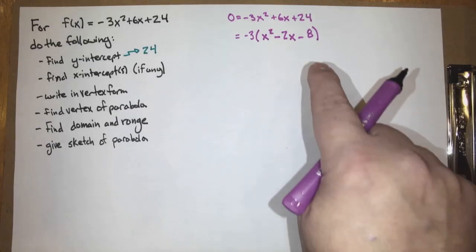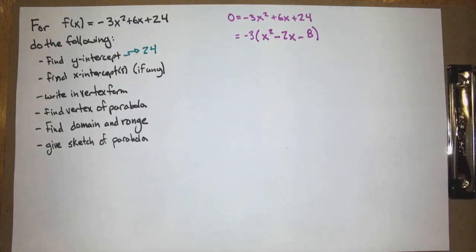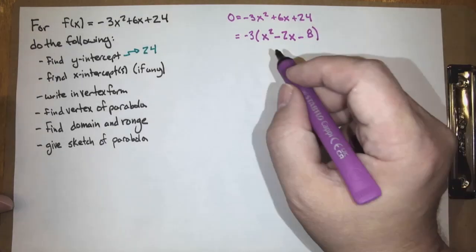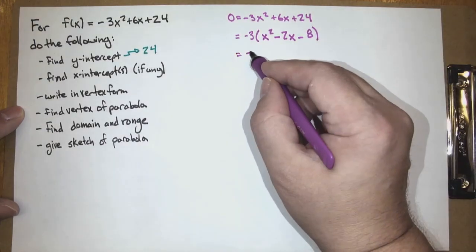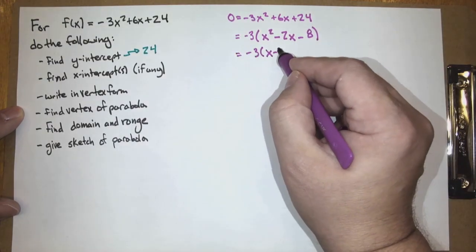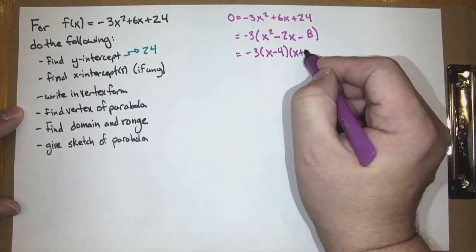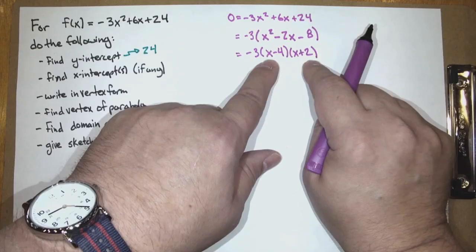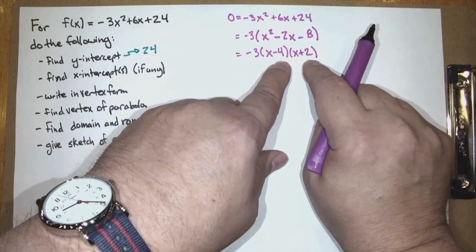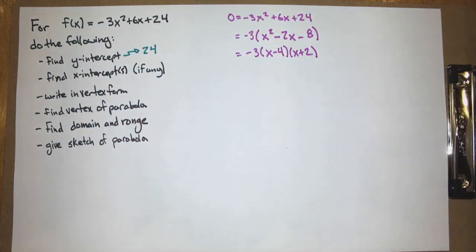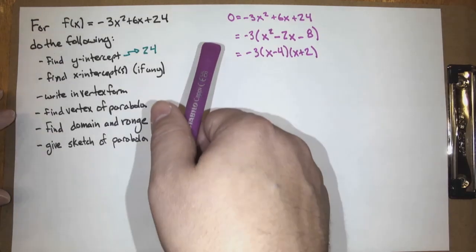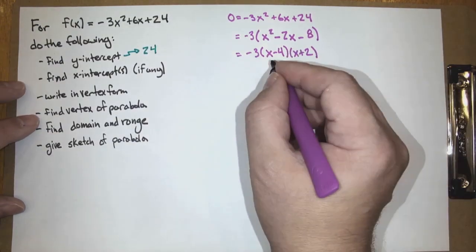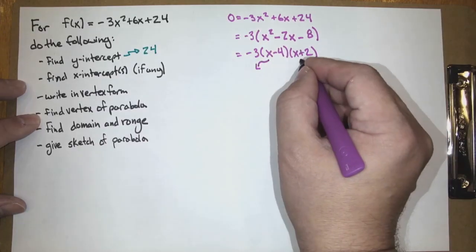We need two things that would multiply together to give us negative 8, but would add together to give us negative 2. So someone has suggested negative 4 and positive 2. Let's see if that works. x squared, good. 2x minus 4x is minus 2x. And minus 4 times 2 is negative 8. All right, so good. And we use our fun fact. If 0 is the product of things, that means one of these things had to be 0.